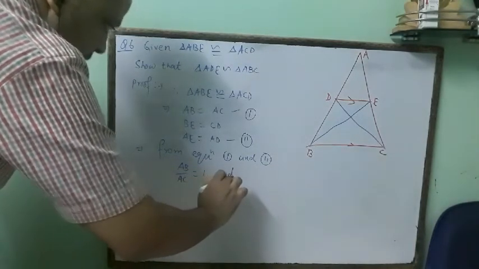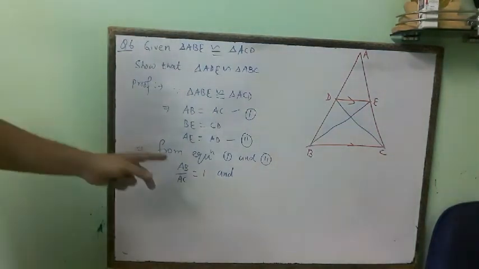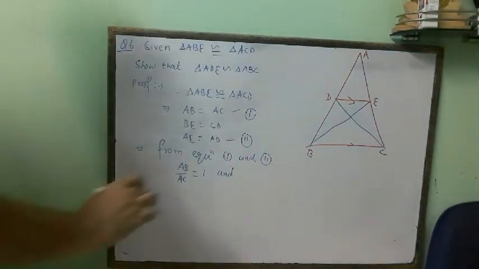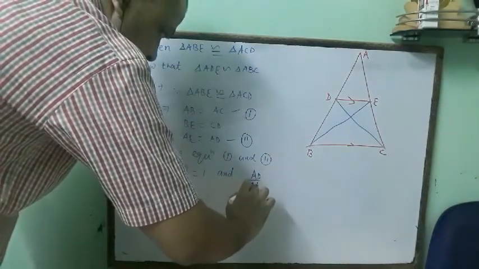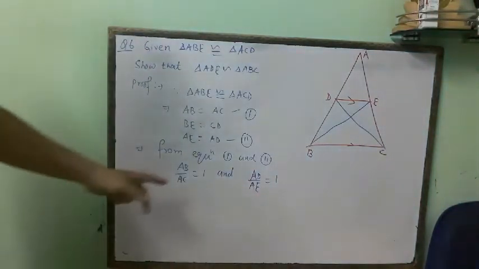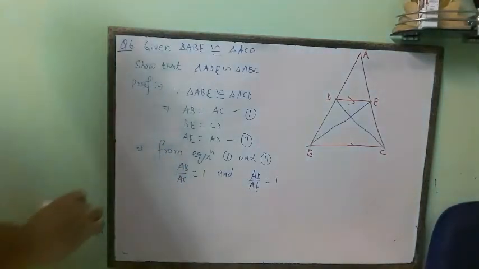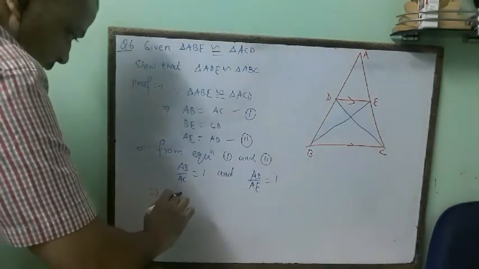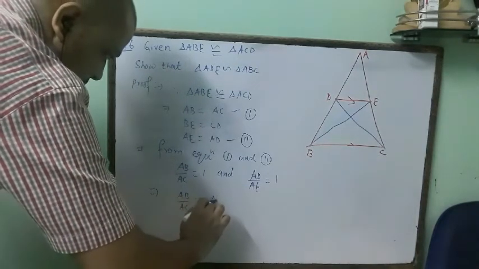And if we divide both sides by AD or AE, it will become AD by AE is equal to 1. So the RHS of both are equal. Therefore we can say that AB by AC is equal to AD by AE.